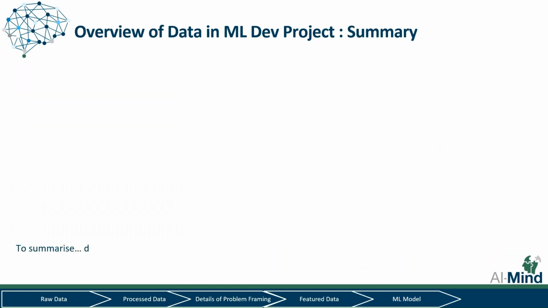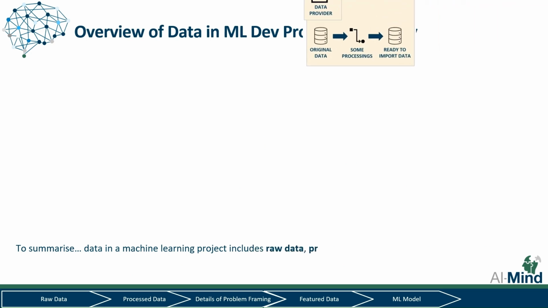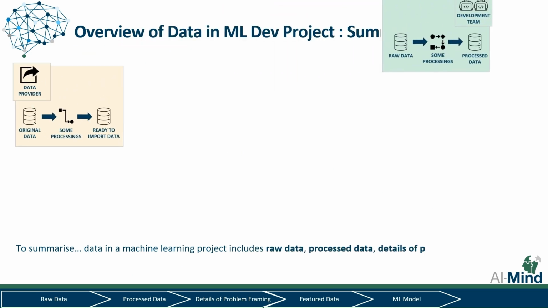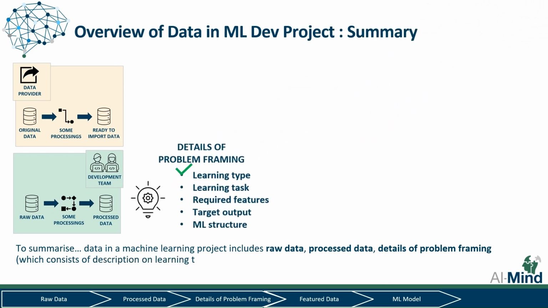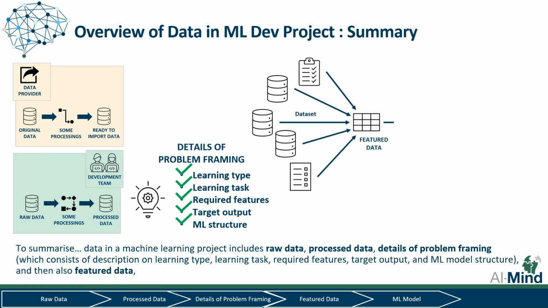To summarize, data in a machine learning project includes raw data, processed data, details of problem framing, which consists of description on learning type, learning task, required features, target output, and ML model structure. And then also feature data, machine learning model, and machine learning model metadata.